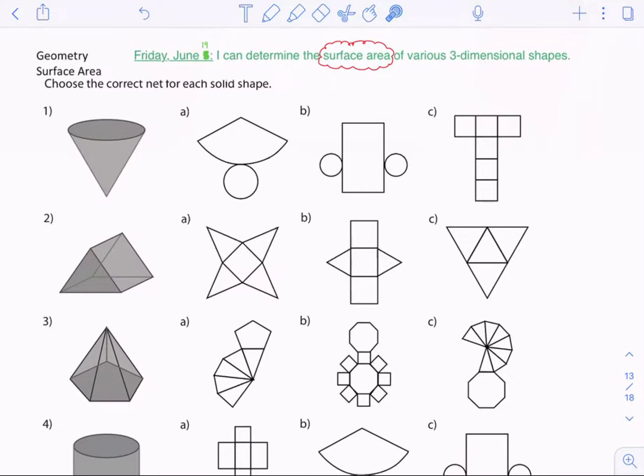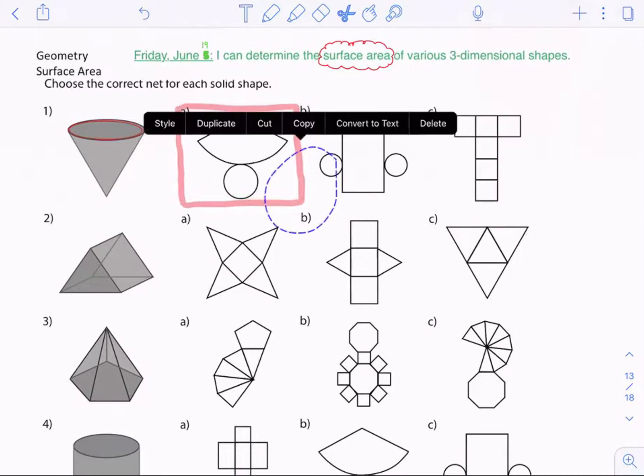It should go by pretty quick because you could tell yourself, hey, wait, I know this is a cone. A cone has one circular base. So in my net space, I should only have one circle and something that's somewhat triangular. If you look at your choices, you could see that A has one circle, and if I were to cut that cone triangular piece down the middle and flatten it out, it would actually look like what you see in A. Very cool.